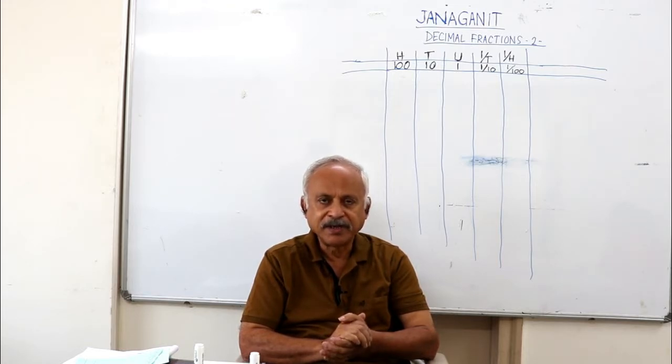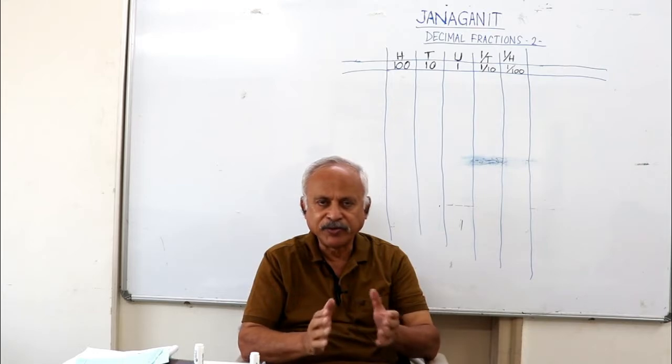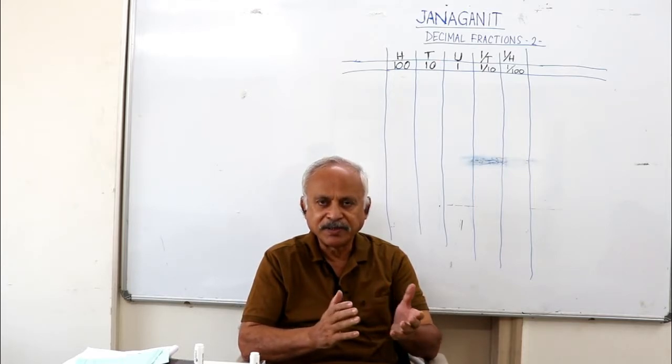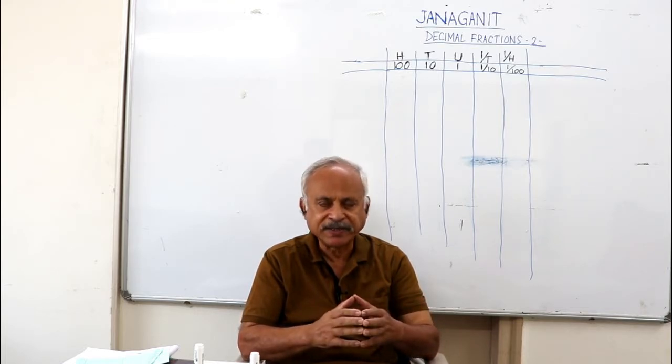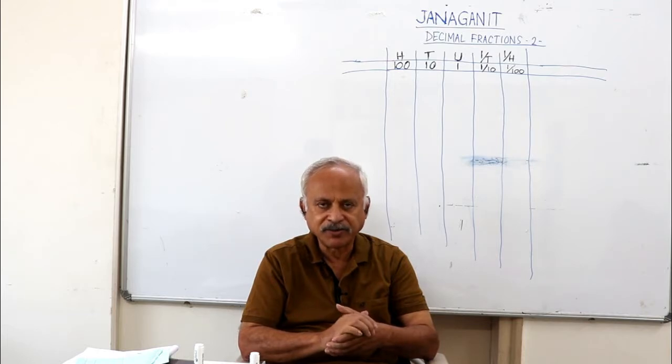But let us begin by doing a bit of revision of place value and of division. These are the two things that we need to be quite familiar with, quite confident, because as we know, fractions come out of division, and place value, when we write fractions in place value, we get decimal fractions.